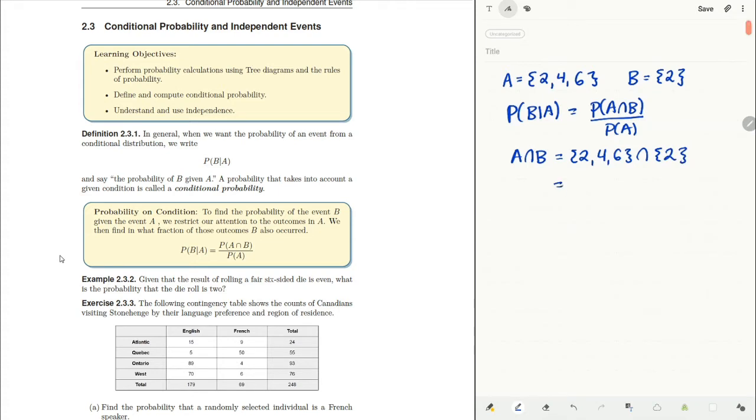And we see that there is only one outcome which is common, which is the number 2. So the intersection of A and B is just the result of 2. And so the probability of A and B is the probability of rolling a 2, which is 1 out of 6.